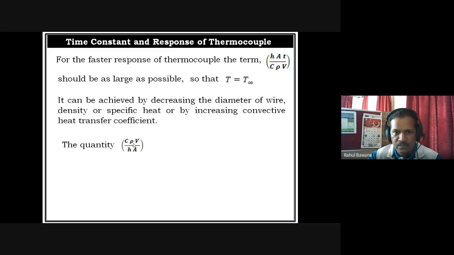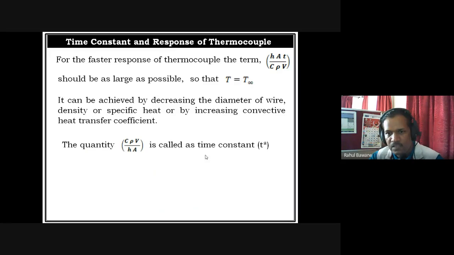The quantity in this whole bracket, C rho V upon hA: C is the specific heat, rho is the density, V is the volume, h is the convective coefficient, A is the surface area. This whole quantity is called the time constant, and it is denoted by T star.